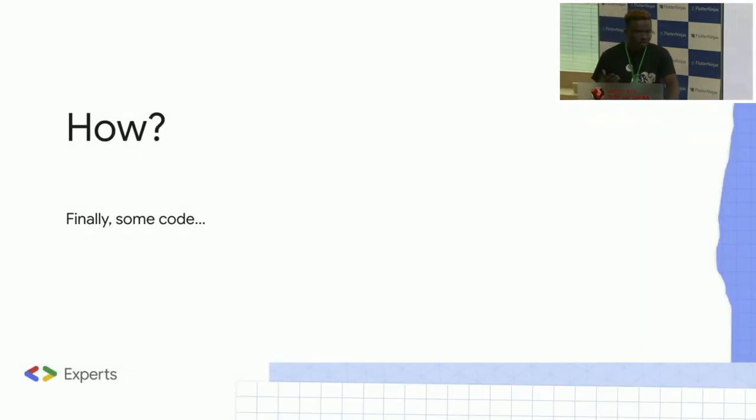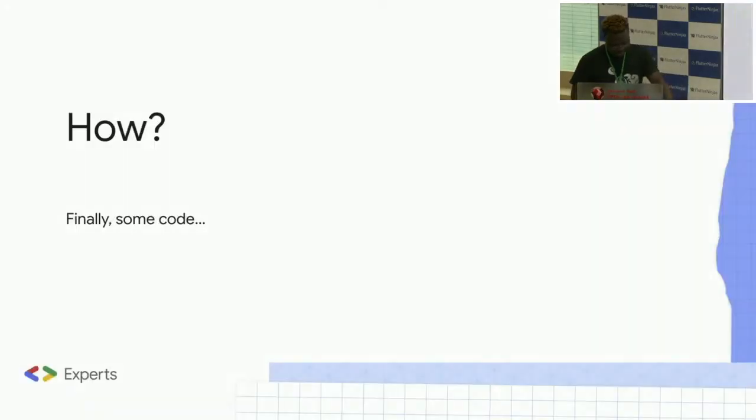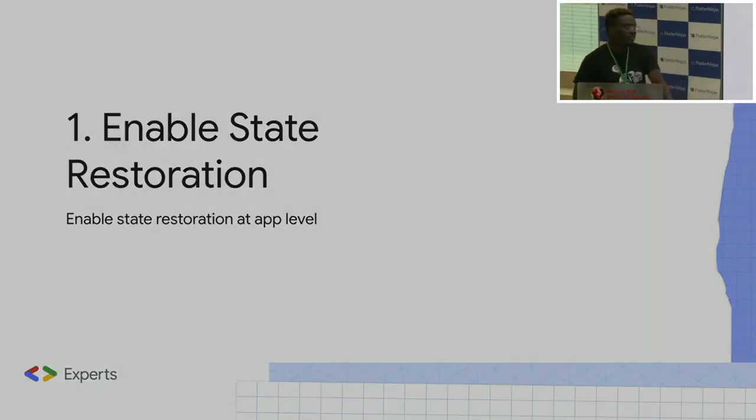So yes, how do we exactly do this? I mean, some code. The very first step for state restoration is you have to enable state restoration. State restoration generally is opt-in, right? While the framework gives you ways to set it up, you have to opt in for it. So you have to enable it first at the app level.